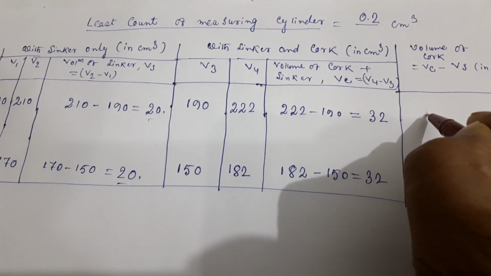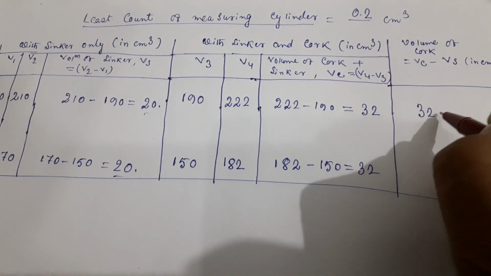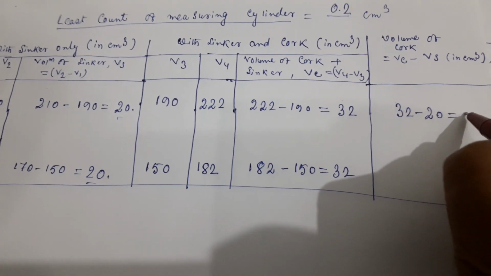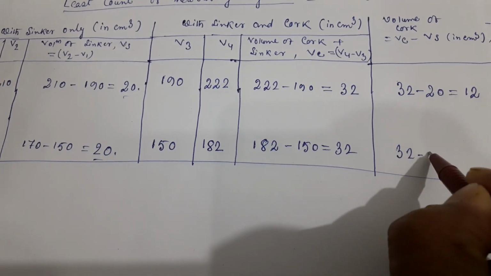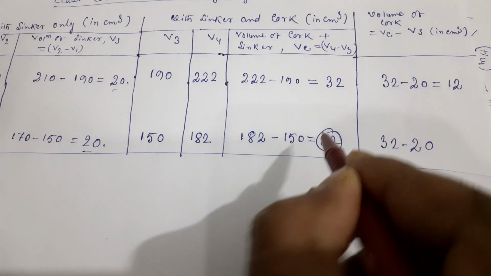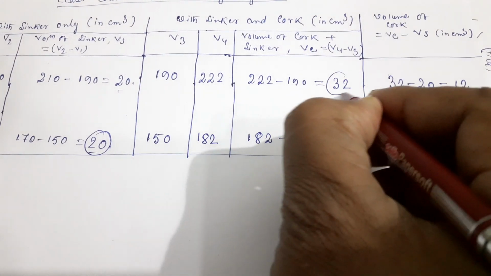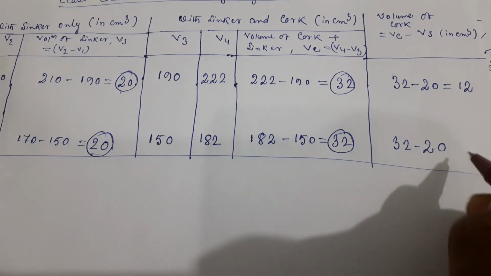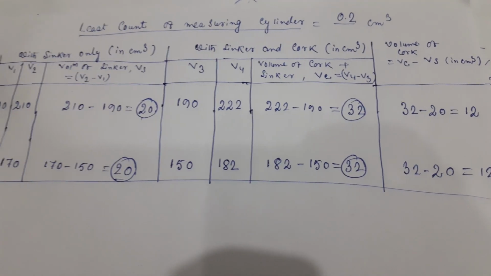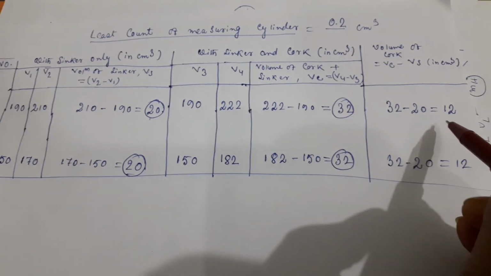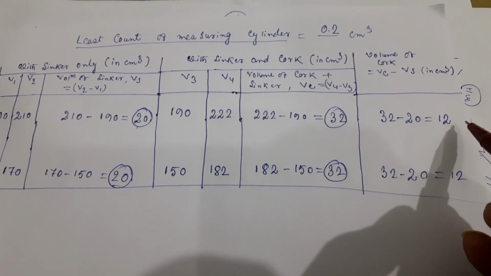That means for this first one, 32 minus 20 is equal to 12, and 32 minus 20 for this one also, that is also 12, clear. So in both cases you can see that the volume of the cork is the same, 12 centimeter cube.